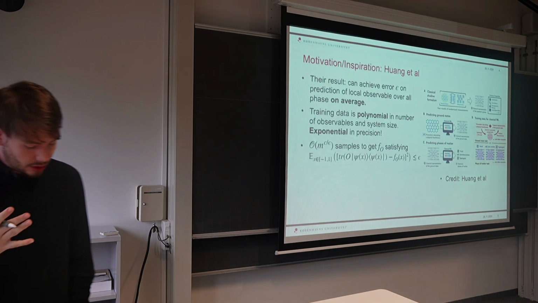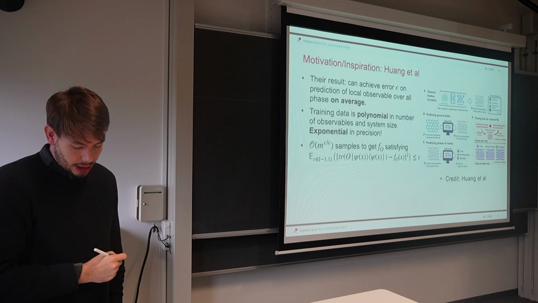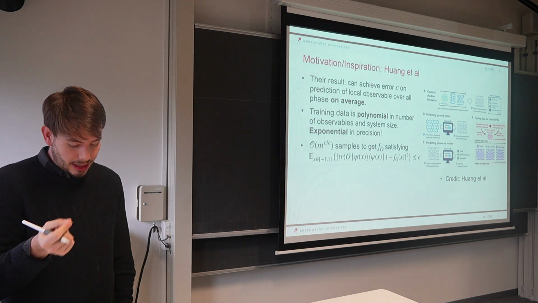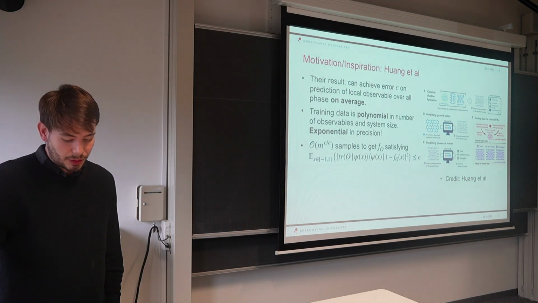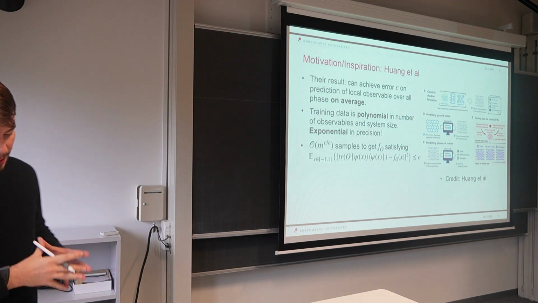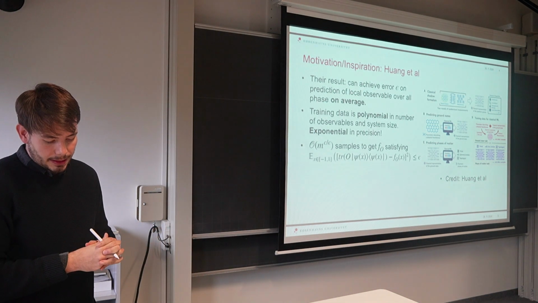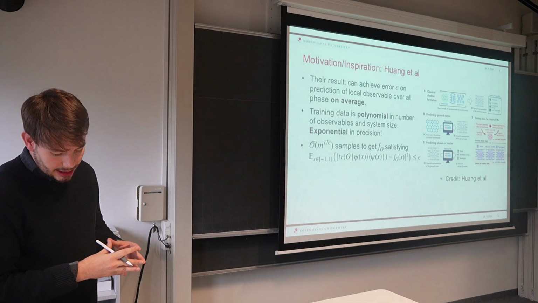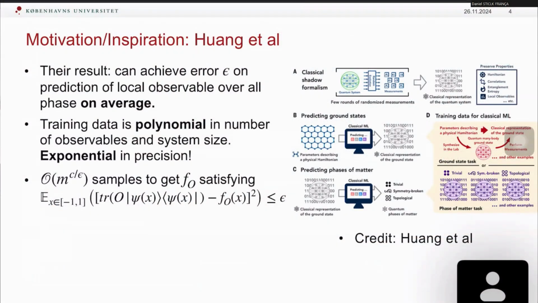What was their main result? Their main result is that you can achieve some small error for predicting a given local observable over the whole phase, not all local observables, if you're happy making errors on average only. And the training data they need is polynomial in the number of observables you wish to estimate, so the number of O's, right? But it's very costly in the precision.